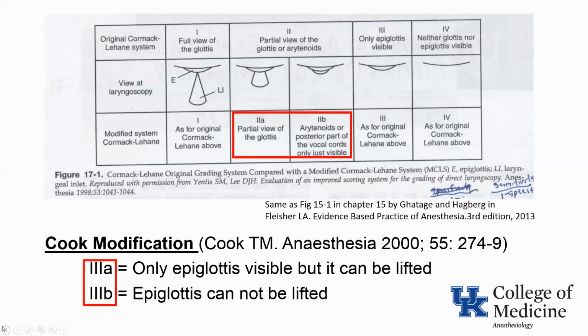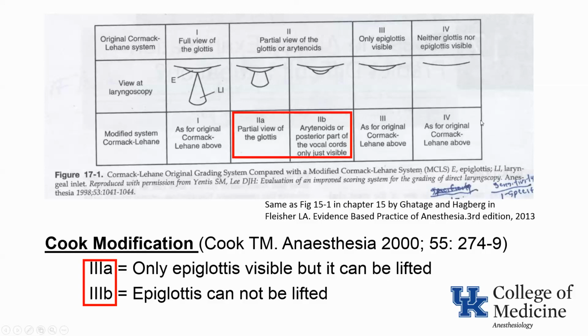These original classifications have been modified. The first was by Yentis, and he divided class 2 into A and B. Class 2A was when you saw some but not all of the larynx, vocal cords I should say, and class 2B was when you did not see any of the vocal cords but did see the aryepiglottic folds.